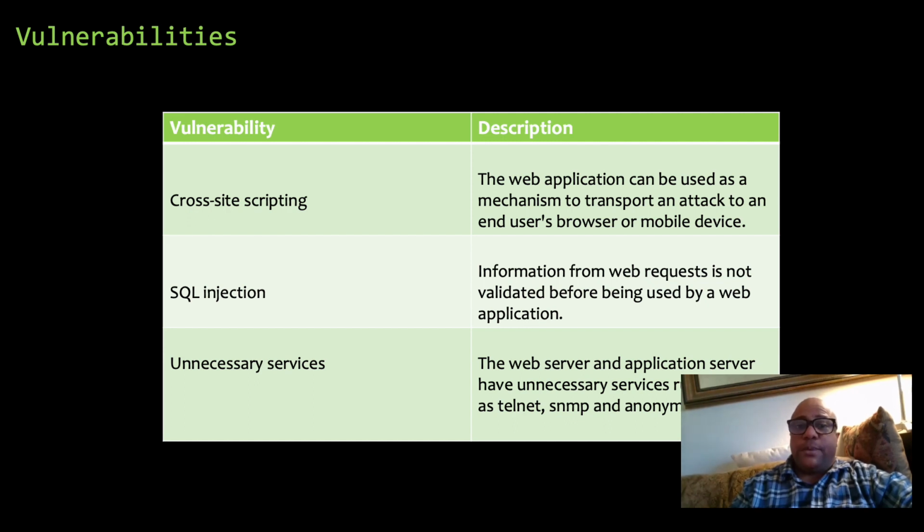That information could include any number of items. It could be sensitive company data. It could be, again, PII or PHI. It could be a user list of customers, or just any type of private data that you don't want exposed to a hacker or anyone.